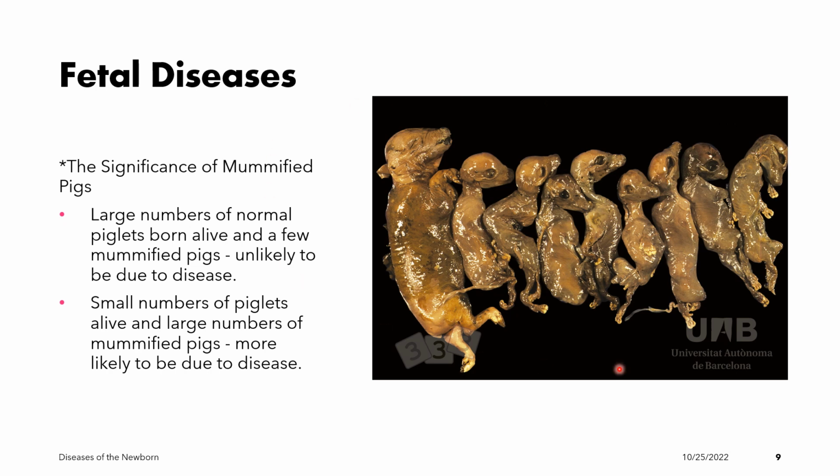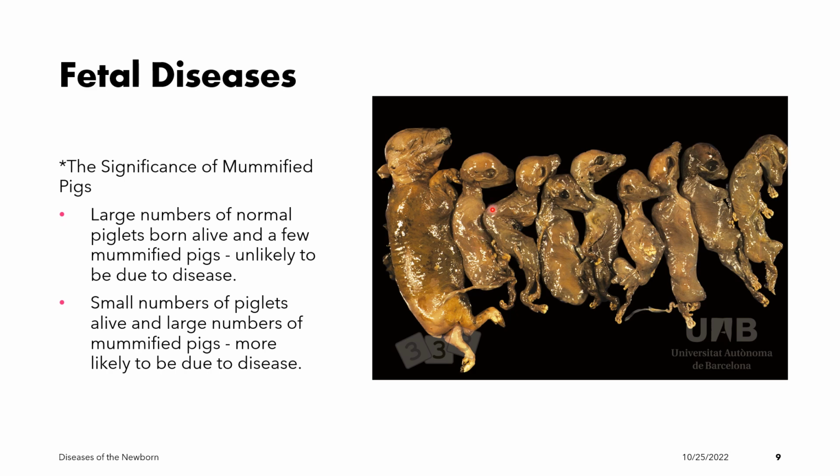So for example, when you have recovered this number of mummified piglets, you have a litter of 12, which is the normal litter size, and you recovered 1, 2, 3, 4, 5, 6, 7, 8. 8 of that are mummified, and this could possibly be a stillborn one, although it is autolytic in nature.